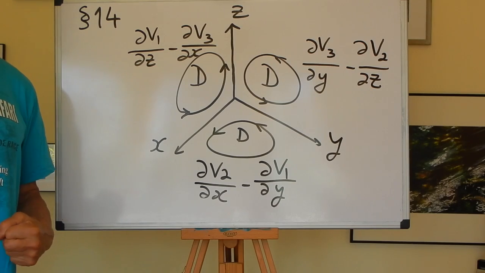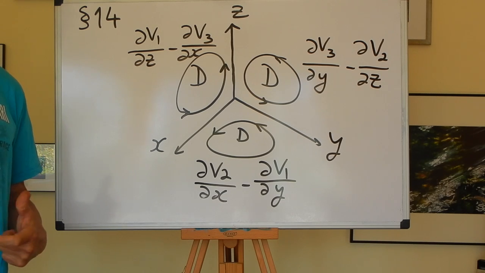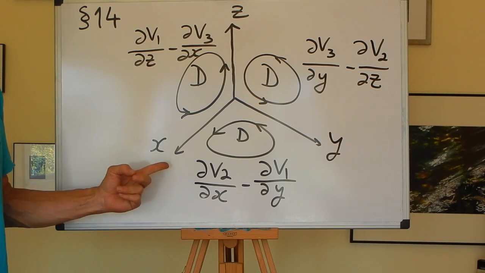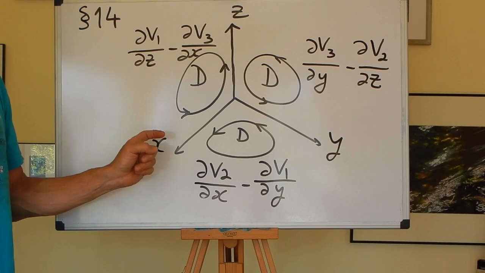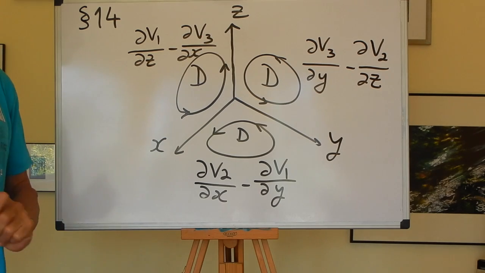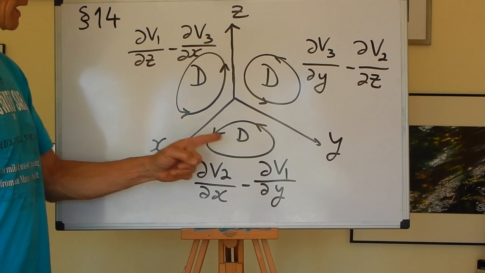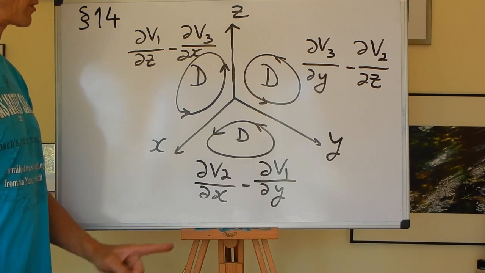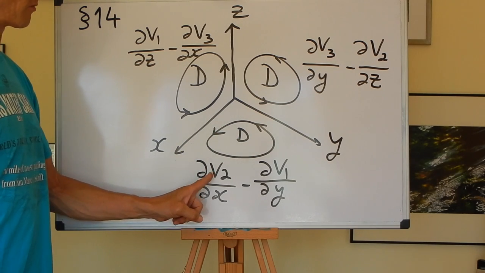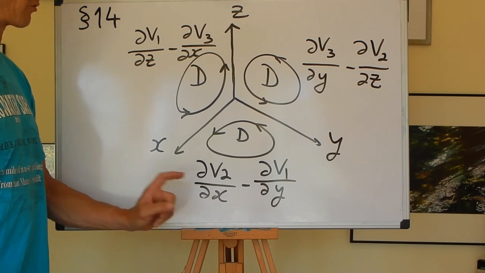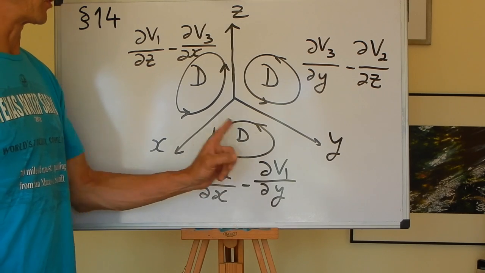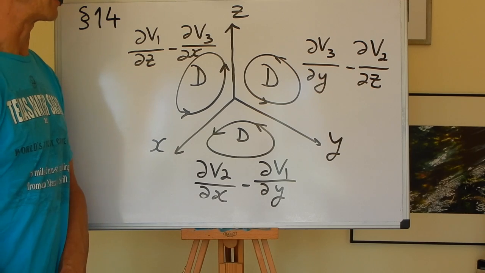Here's a summary of what we've found in taking Green's theorem from the xy plane and putting it in the yz plane or the zx plane. In the xy plane, x is the first variable, then the derivative is of the component along the y direction with respect to x, minus the component along the x direction with respect to y.